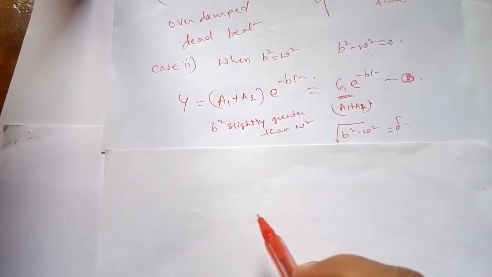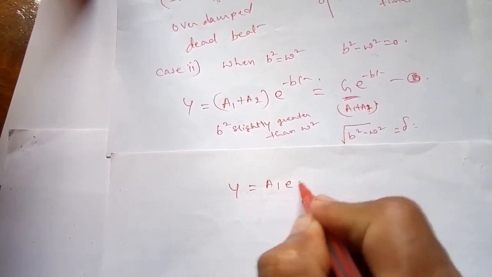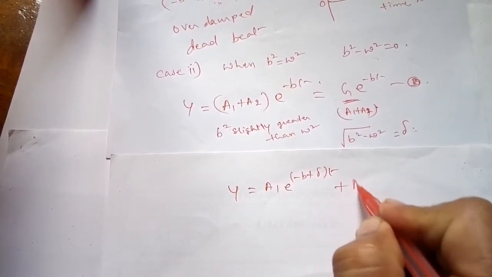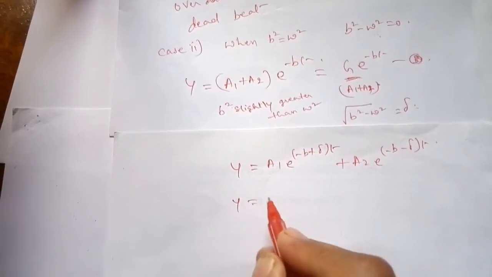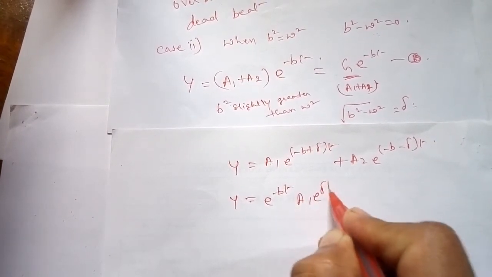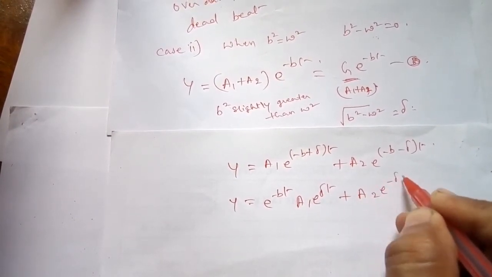Let us see. Equation 2 becomes y is equal to a1 e to the power minus b plus delta into t, plus a2 into e to the power minus b minus delta into t. On simplification, e to the power minus bt is a common term: a1 into e to the power delta t plus a2 into e to the power minus delta t.